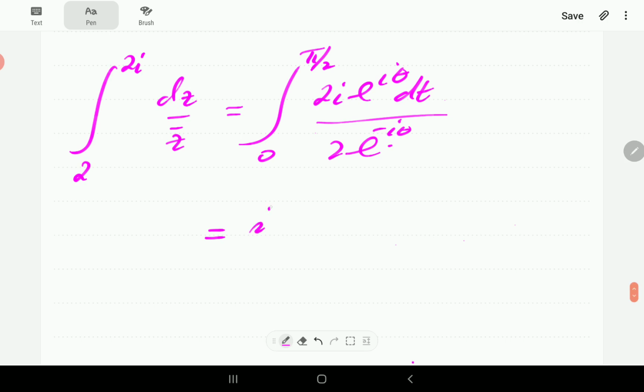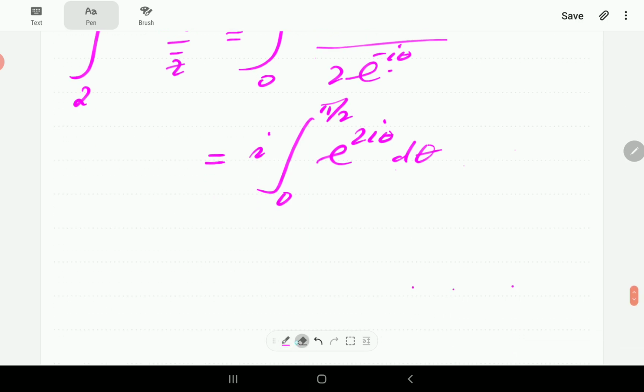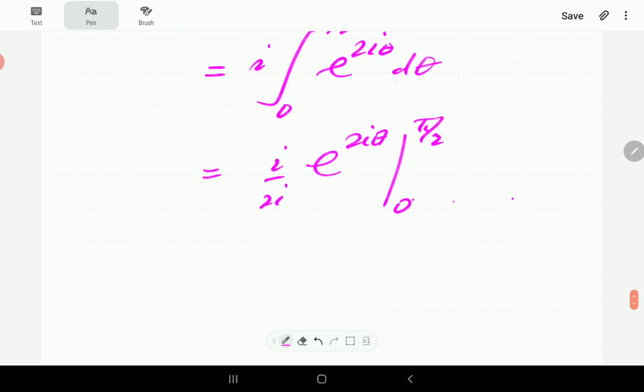The 2's cancel out, the e's combine to e to the 2I theta in the numerator, and then to integrate this we just divide by the derivative of this, which is 2I. So we're going to have I over 2I e to the 2I theta from 0 to pi over 2.